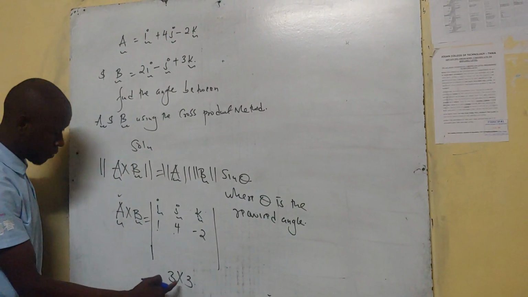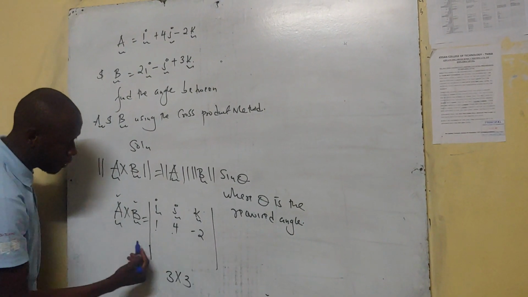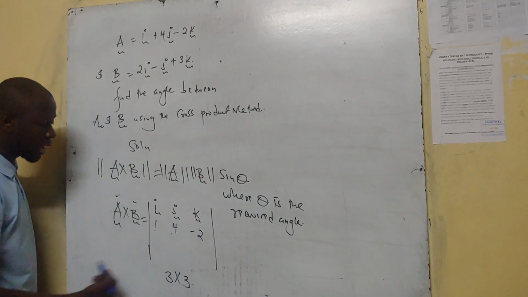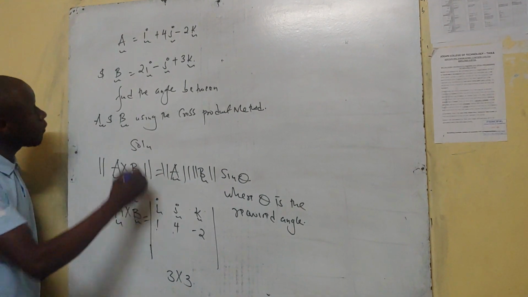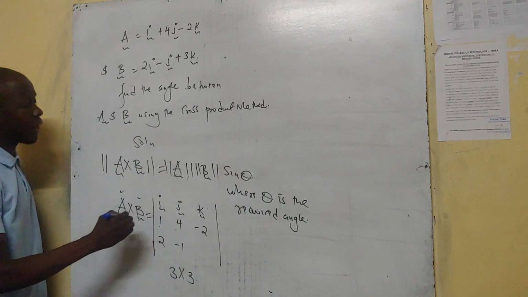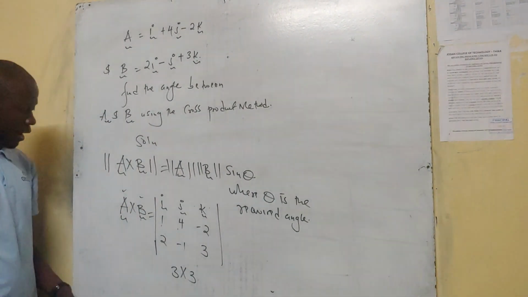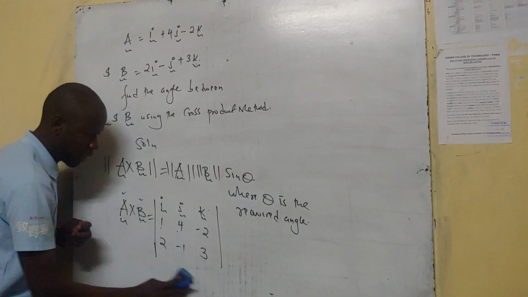Then the elements of B will be used to fill the third row. The element of B along I is 2, along J is -1, and finally along K is +3. Then we can now solve the determinant of this 3 by 3 matrix.